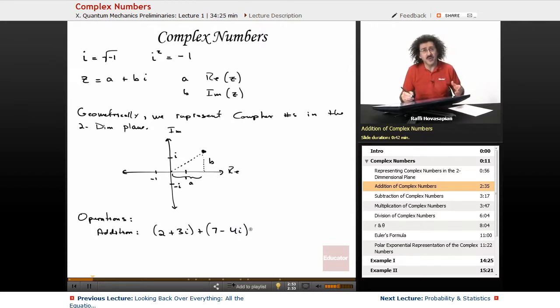What you're going to do is add the real part with the real part, and add the imaginary part with the imaginary part. So it ends up being 2 plus 7 is 9, 3 minus 4 is going to be minus 1i. There you go. 9 minus i.